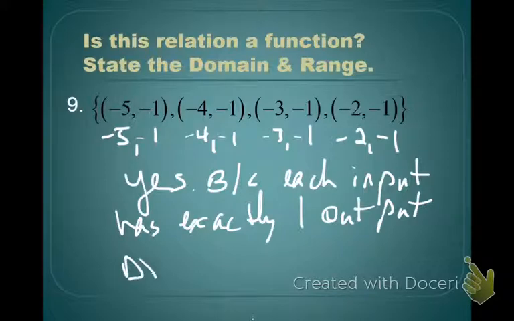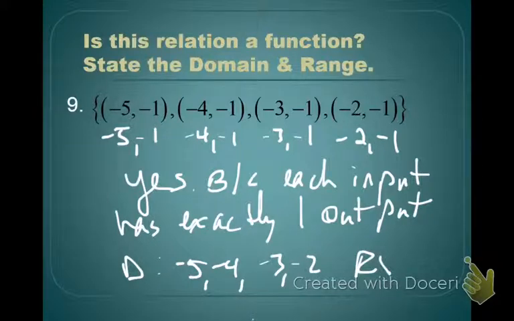Okay? That makes our domain. Anybody? Good. And our range? Just negative 1. Okay?